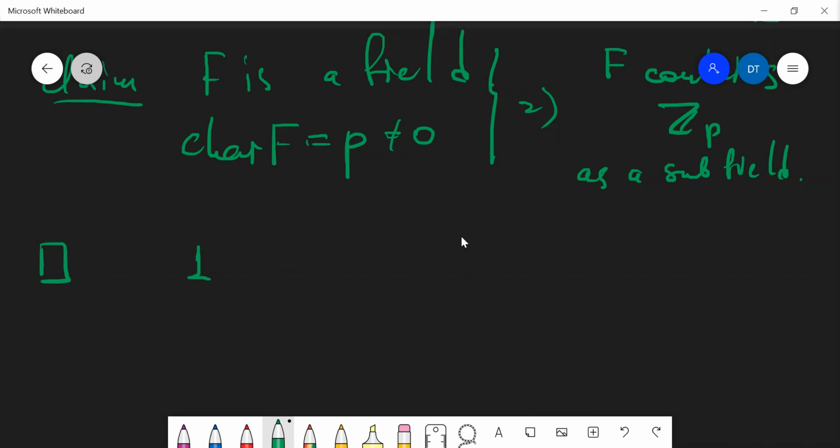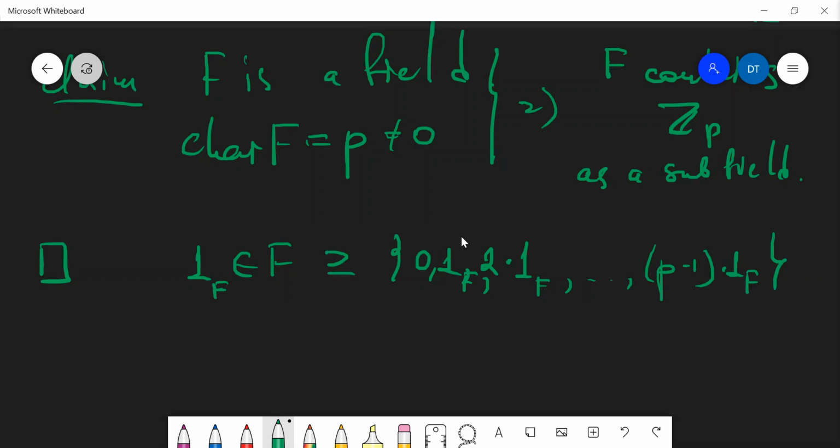Let's take the element 1 in F, and let's consider the elements 0, 1, 2, etc. It's better to write it like this: 1 of F, 2 times 1 of F, etc., up to p minus 1 times 1 of F. So this is a subset of F. You take 0, 1, 1 plus 1, 1 plus 1 plus 1, etc. And here you have exactly p elements.